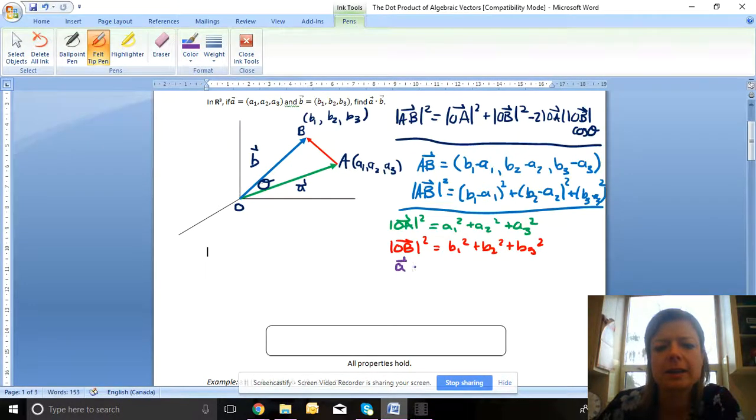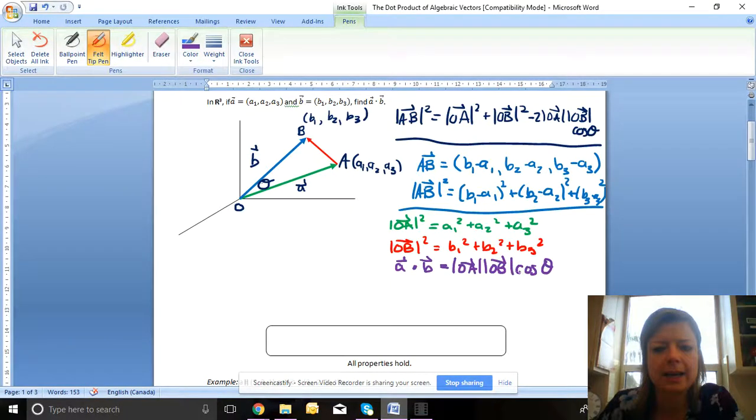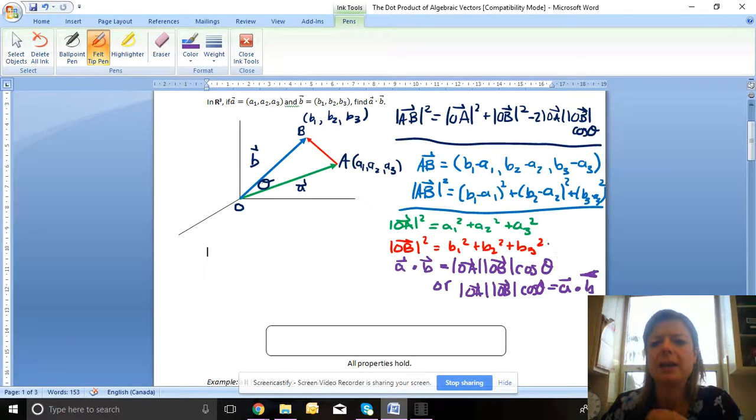A dot B, recall, is the magnitude of OA times the magnitude of OB times cos theta. Or we can say that OA times OB times cos theta equals A dot B, either direction.